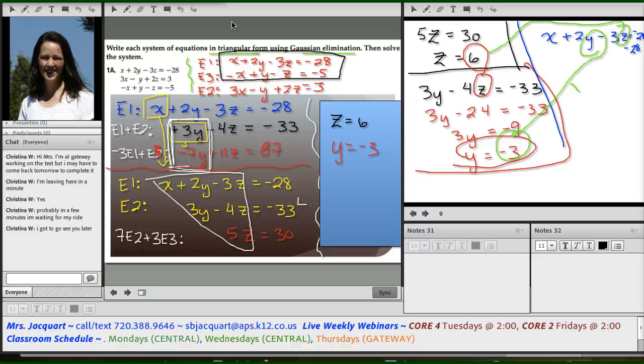So then I get x plus 2 times negative 3 minus 3 times 6 equals negative 28. So then I get x minus 6 minus 18 equals negative 28.